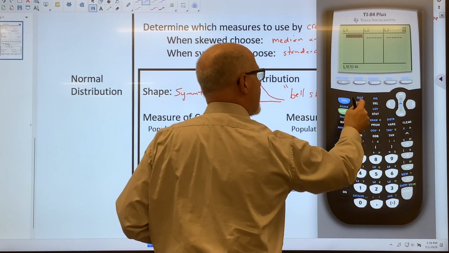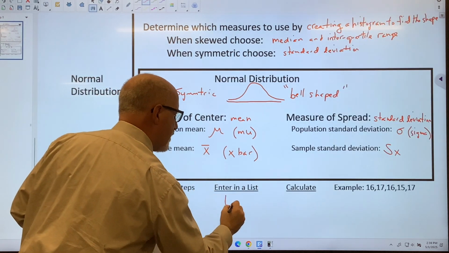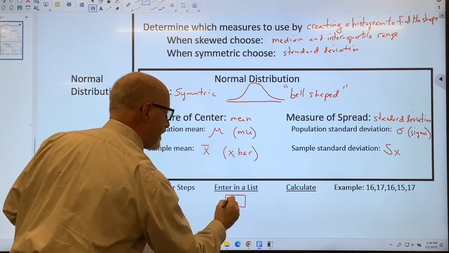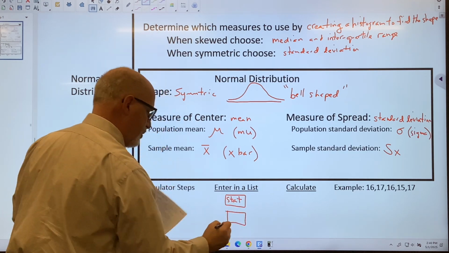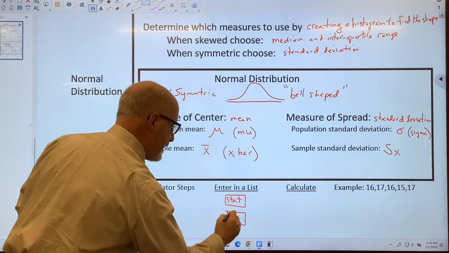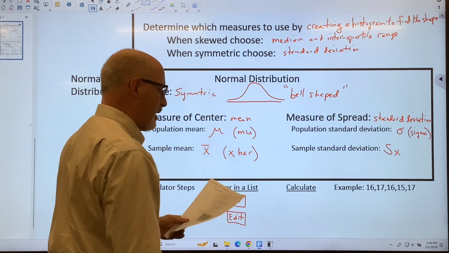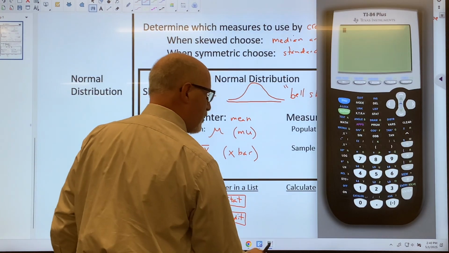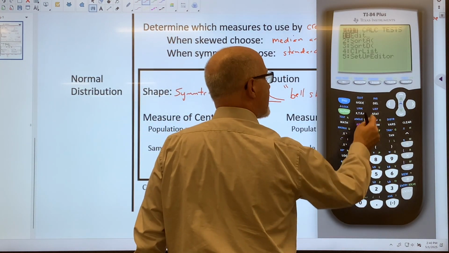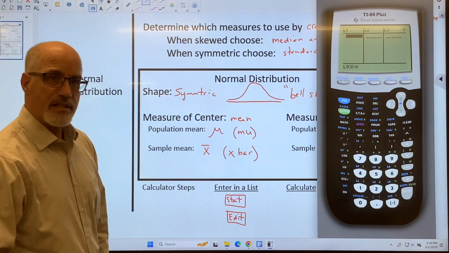So let me go ahead and show you what those keys look like. To enter a list, you first of all go to stat, and then you go over to where it says edit. So we're going to edit a list. Let me pull that up again just to practice it one more time. We're going to go to stat, and then we're going to do edit, and we have our lists there.